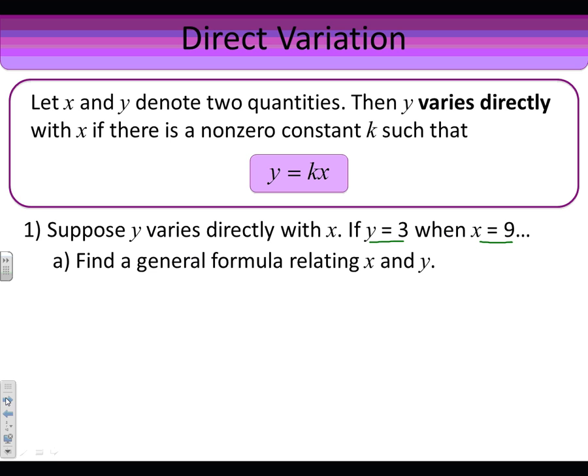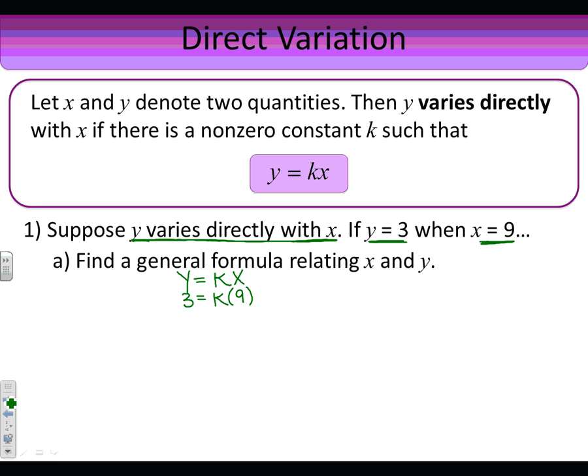We are told that y varies directly with x. That's important because we know that the formula to use is y equals kx, a linear equation with no y-intercept. We know that y is 3 when x is 9, so I can use that information, y is 3 and x is 9, to solve for the constant.